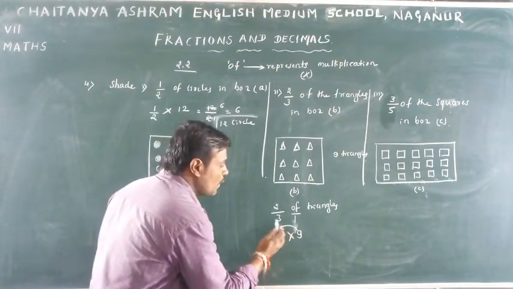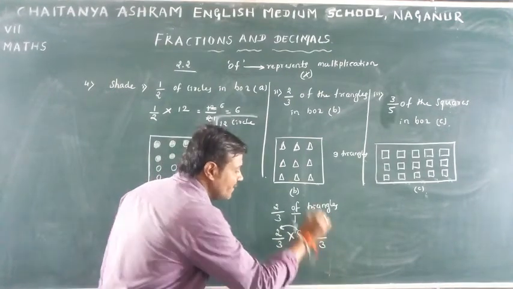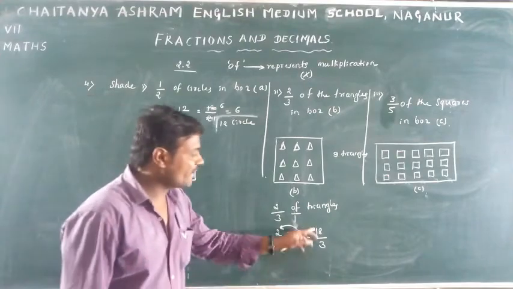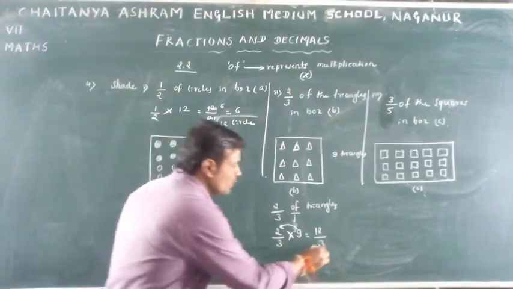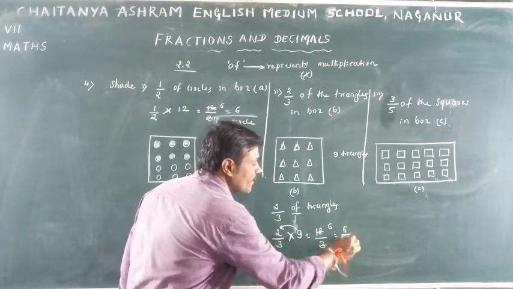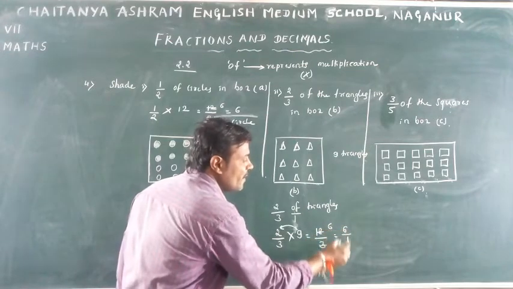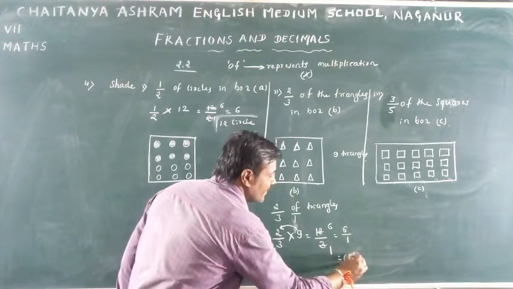So 9 into 2, or 2 into 9, how much? 18 by 3. 3 into 18, how much? 3 ones are 3, 3 sixes are 18. Then it is 6 by 1. What is the value of 6 divided by 1? This is equal to 6.